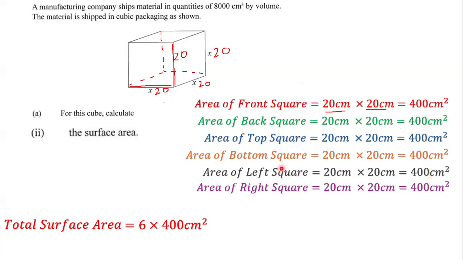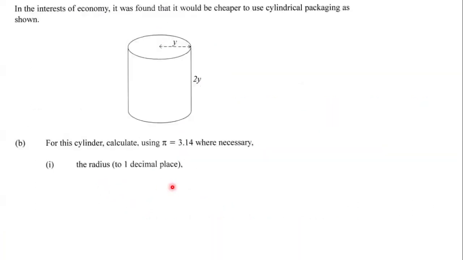Again, 6 because there are 6 squares that make up this cube, and 400 because each of the areas of the squares is 400 centimeters squared. And so 6 times 400 centimeters squared gives us 2,400 centimeters squared. So the surface area of this cube is 2,400 centimeters squared.